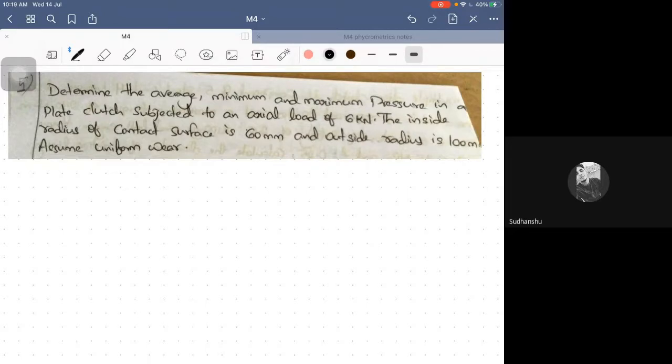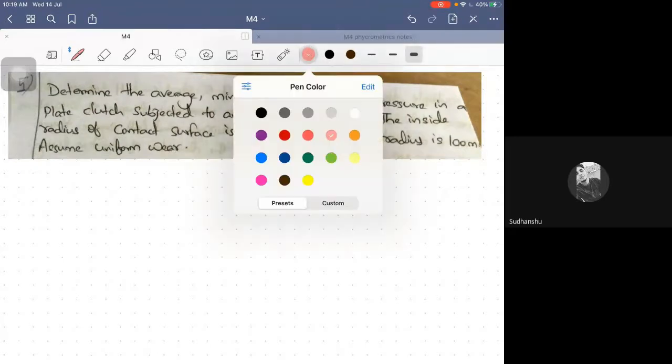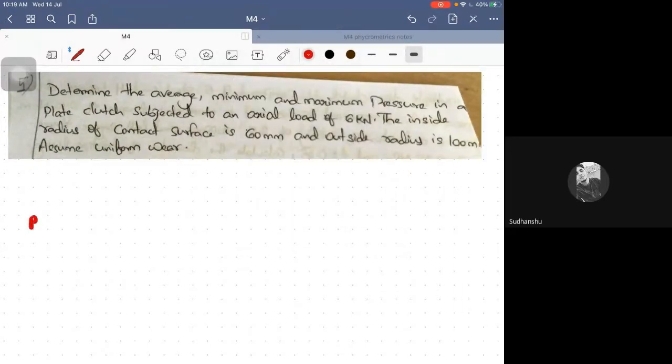If in a question he asks to calculate P average, minimum pressure and maximum pressure to operate a clutch, it might be that he asks only P minimum or only P maximum or P average, depending upon the question. So in this example of a numerical, we'll try to understand how to calculate all this.